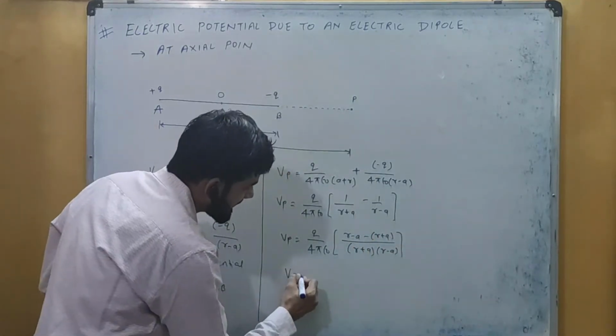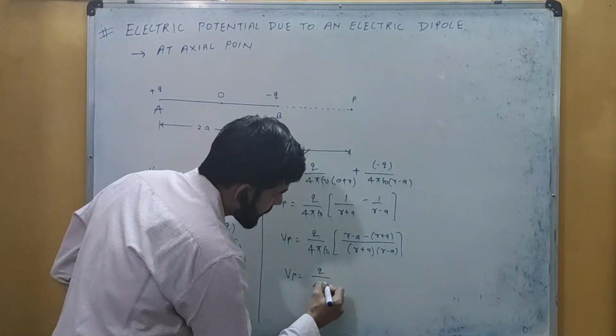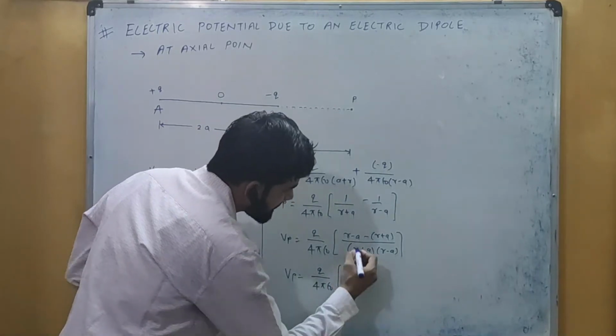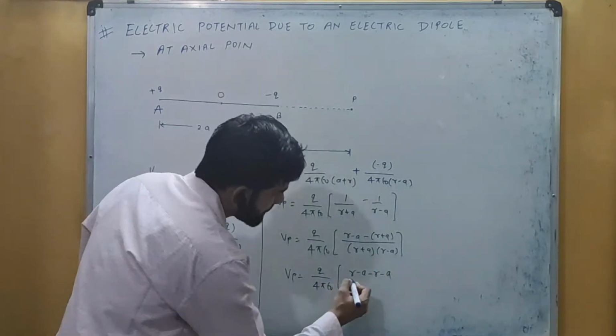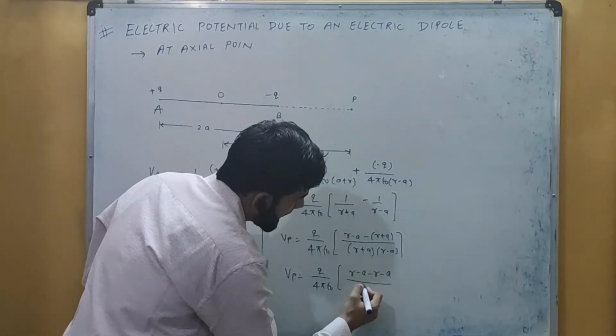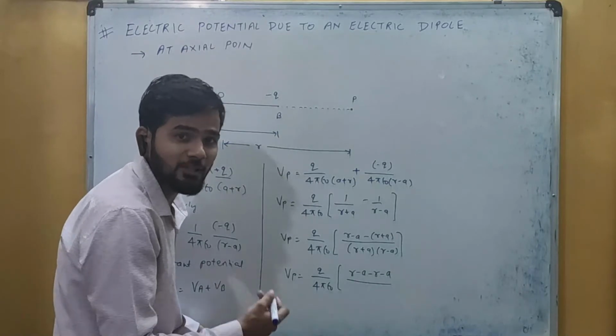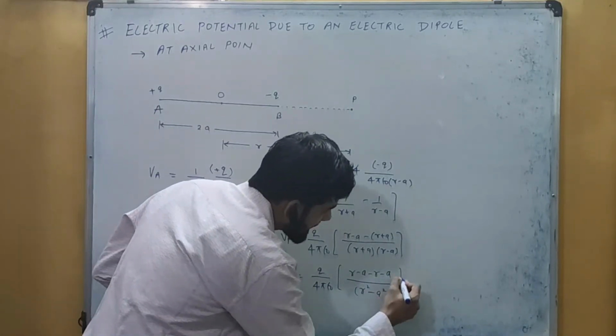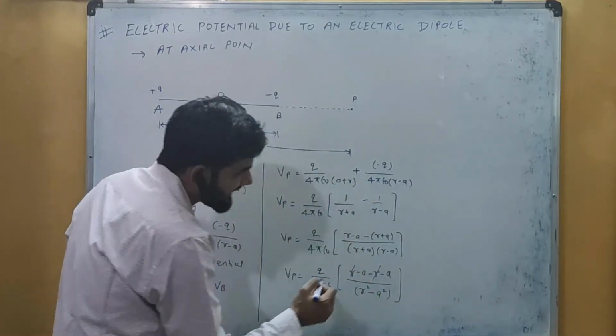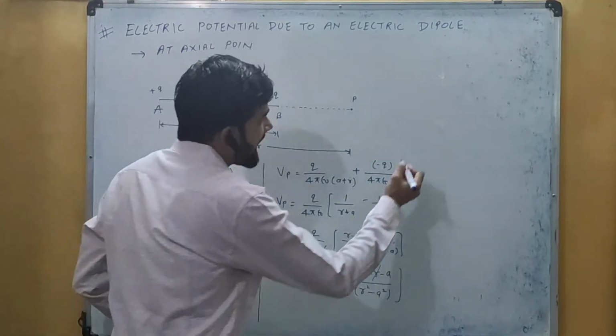So VP is equals to q by 4 pi epsilon naught, ये हो जाएगा r minus a minus r minus a divided by (a plus b)(a minus b), that is a square minus b square. So r square minus a square, and here this plus r minus r gets cancelled.